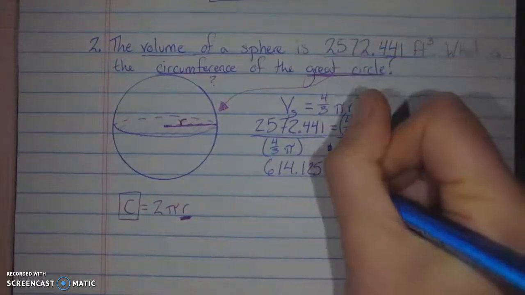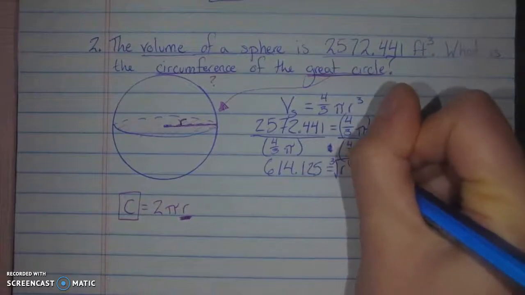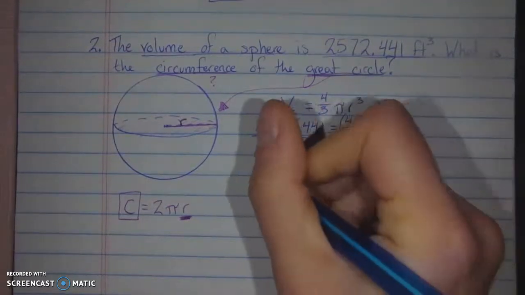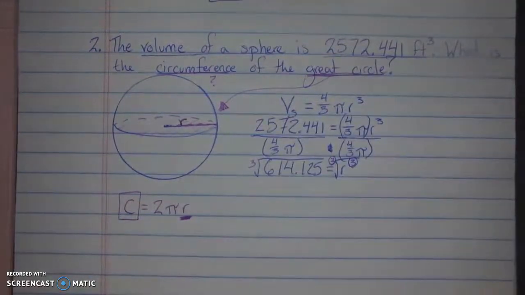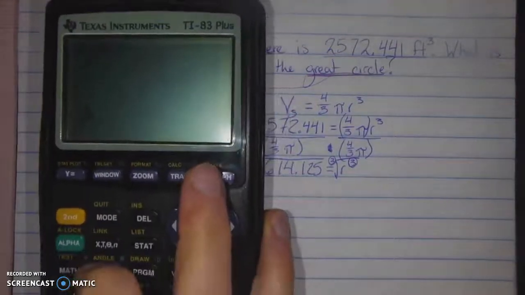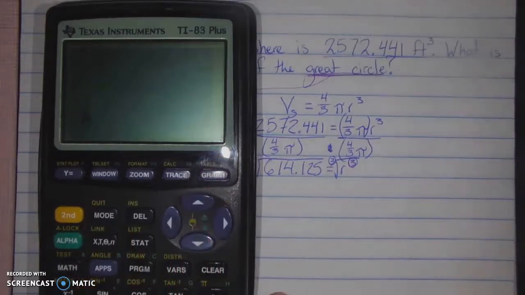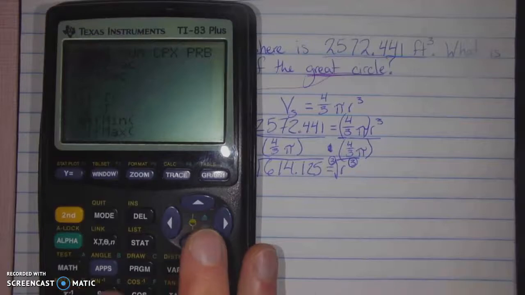Now my next step here is to take not the square root, watch out here, since I have a third, I'm going to have to take what we call the cubic root, and I'm going to do that to both sides. Let's quick take a look at how this can be done on a calculator. So you have 2 options for doing this on a calculator. The first is go to math, that third button down.